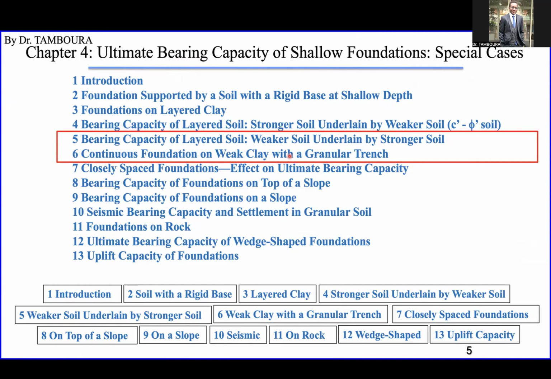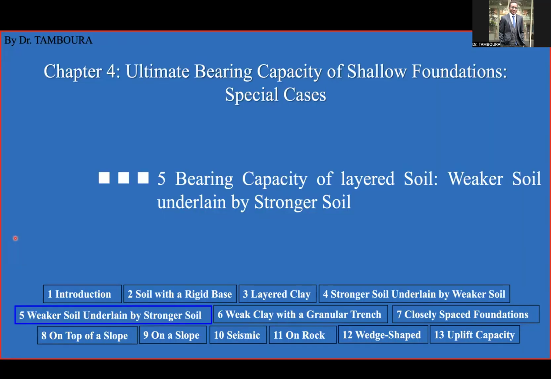Sometimes this happens. In this video we will try to cover these two points. First, when you have a stronger bottom layer. The second one is ground improvement, improving the bearing capacity of soft clay using a granular trench. So this is what we are going to discuss today.